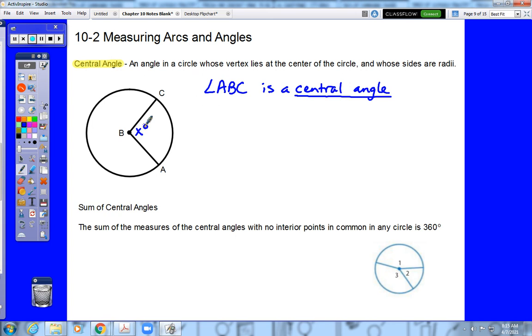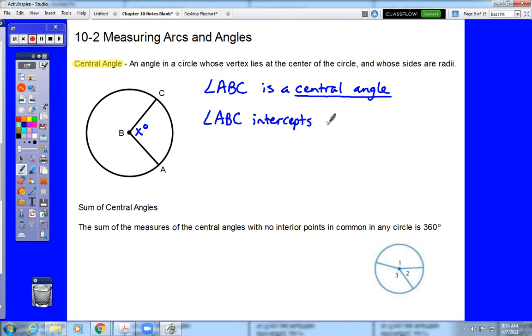I think I actually used theta for it before when we did arc length, but that's okay. We can use whatever variable we want. It's worth noting that that central angle intercepts an arc on that circle. Okay? And notice the notation there, AC are the endpoints of that arc on the circle. Everybody see it?